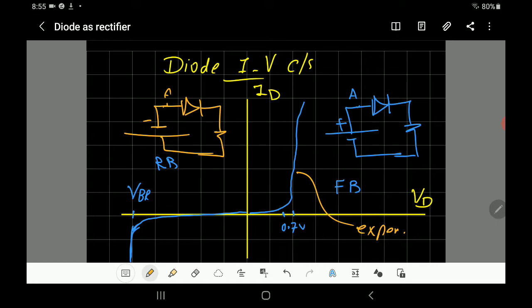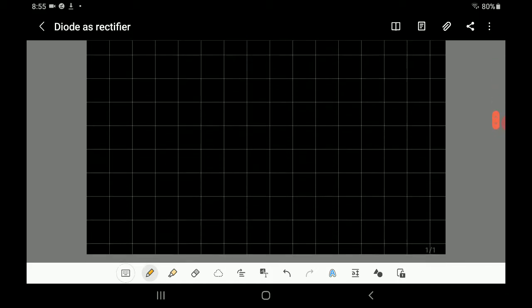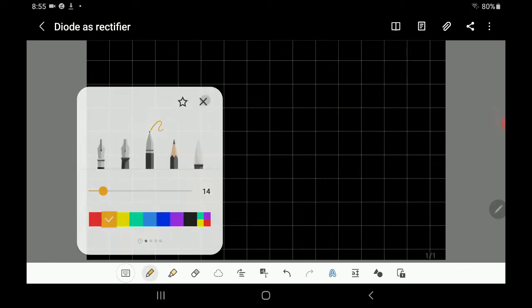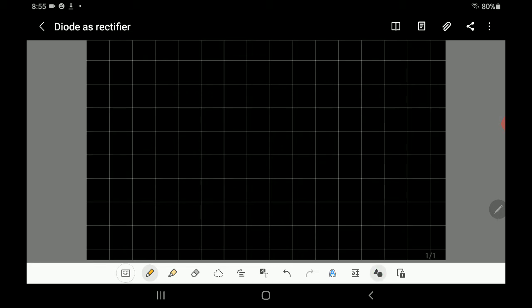Let's make it simple. To make it simple, there's a representation for the diode. This is the forward bias, and it's connected in a way that the positive polarity of the battery is connected to the anode of the diode.